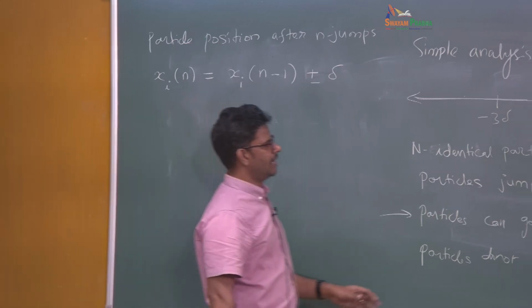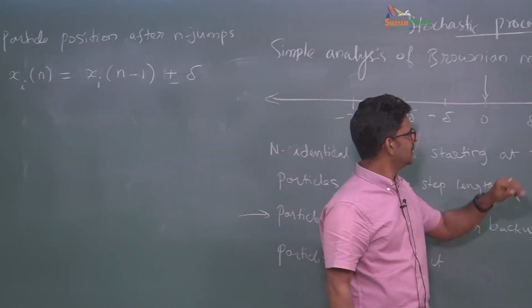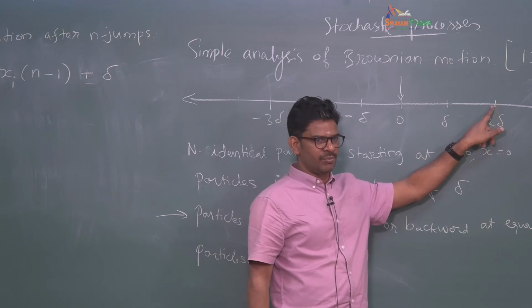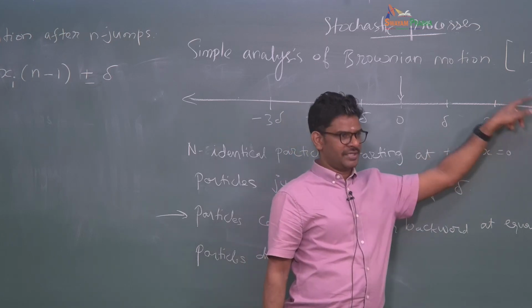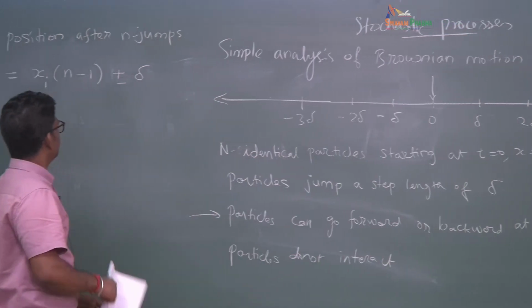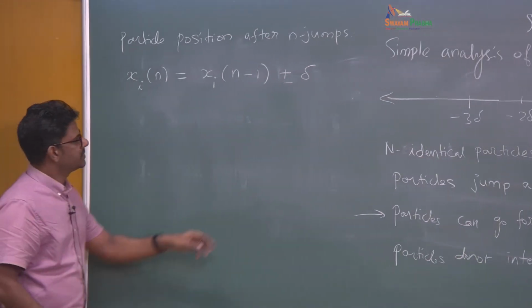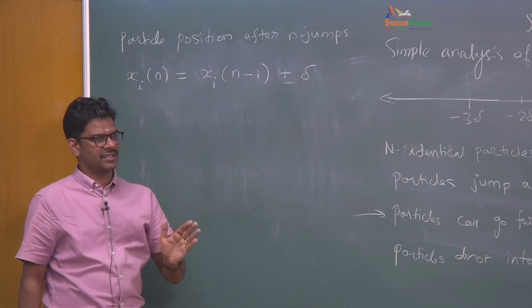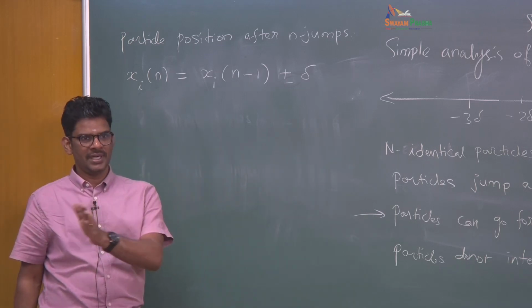So I am asking after n jumps where the particle was, I look at the previous position, that would be xi n minus 1. From here it would have gone to this side or that side. And this delta is a step length, as I said before, because the jump only adds the same distance of interval at every step.